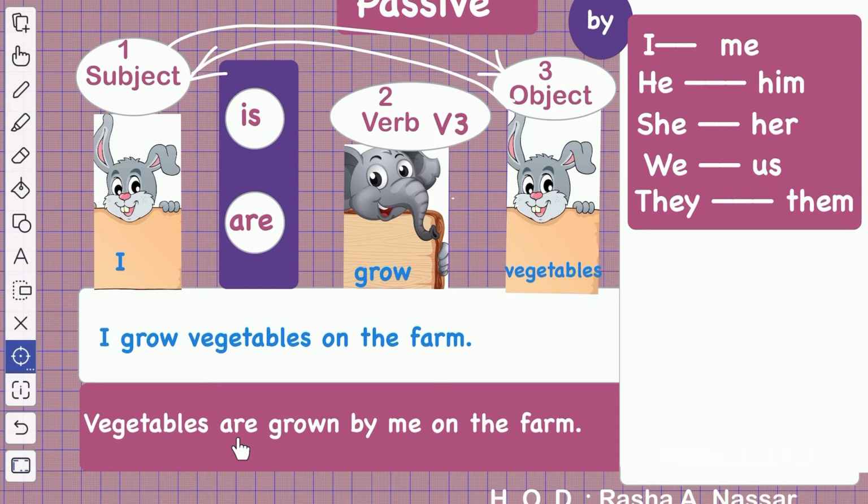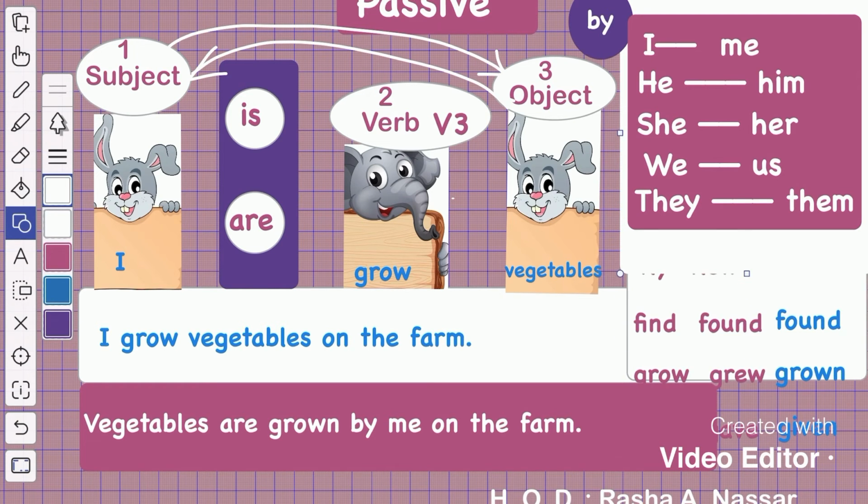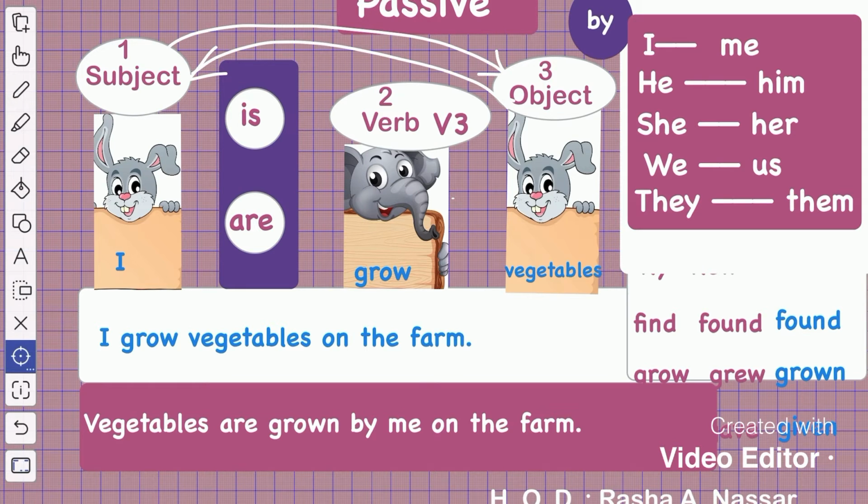And step number 3, do you remember? Step number 3, we will choose V3 of the verb. What is V3 of the verb grow? V3 of the verb grow is grown.